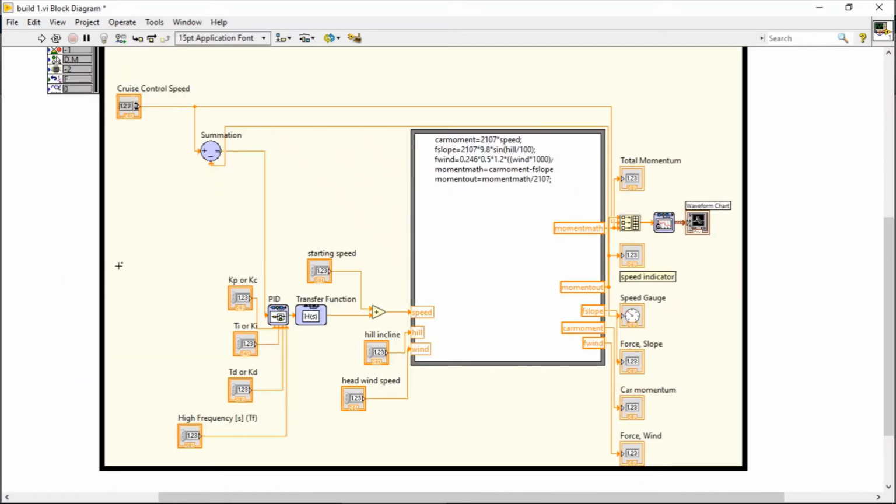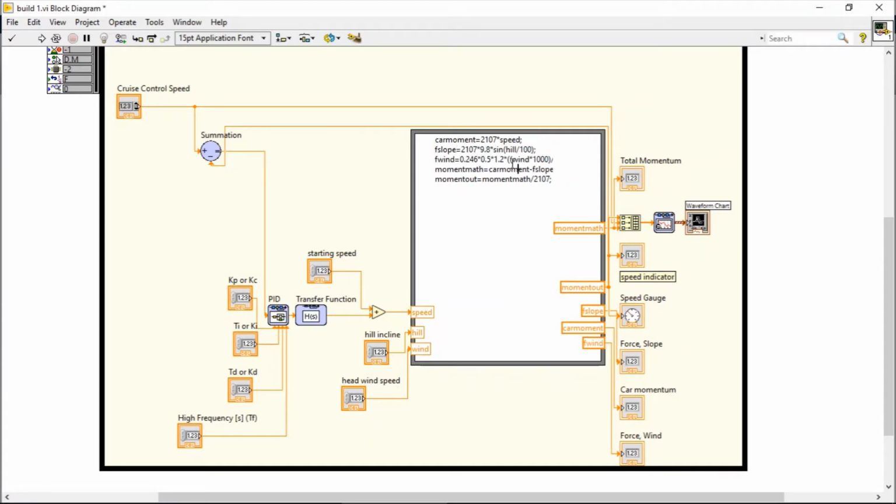So to explain the numbers and how I got to them real quick. The 2107 is the mass of the car in kilograms. 9.8, like we know, is the acceleration of gravity. And then the sine of the hill divided by 100. Hill slopes are given in degrees, and they're also a percentage.